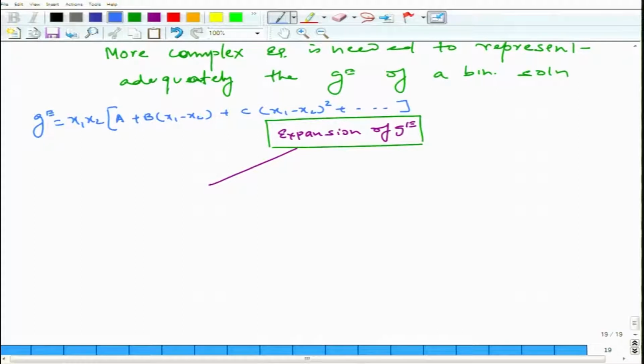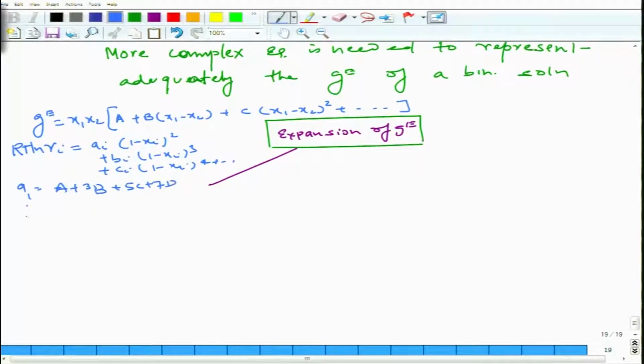This yields the activity coefficient as a1(1 - xi)^2 + b1(1 - xi)^3 + c1(1 - xi)^4 and so forth, where the a's are related to A, B, C. For example, a1 is related to A + 3B + 5C + 7D, and so forth.